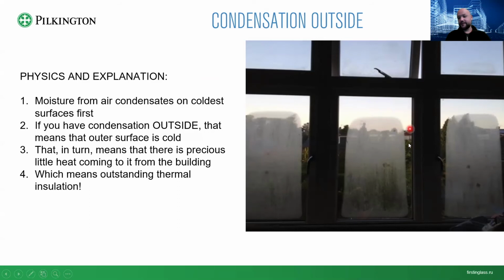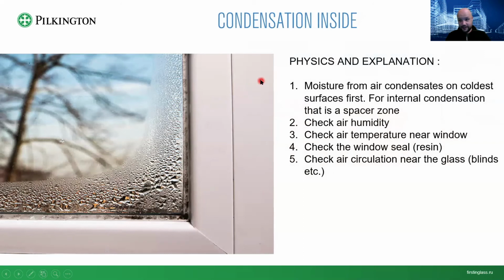And of course, condensation in the central zone and no condensation in the edge zone means that in the edge zone the outside is warmer, because a lot of heat is coming through the spacer. And the central zone, yeah, very good. Besides, this usually happens in the morning, and after the sun gets up, it usually dries out quite quickly. The condensation on the inside is a little bit worse.